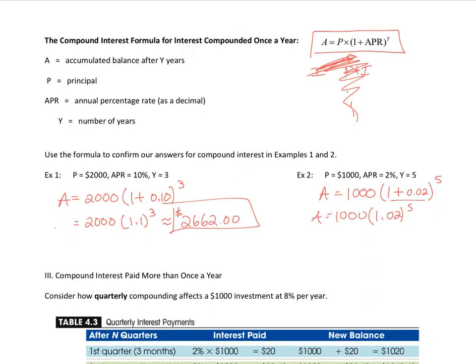And guess what? The accumulated amount is about 1104.08, just like we found out in example 2. Pretty cool. So there's a formula for that. You don't have to do all the table like what I was explaining up here.